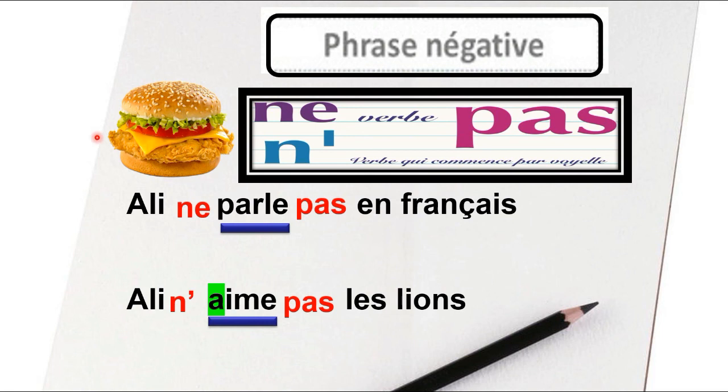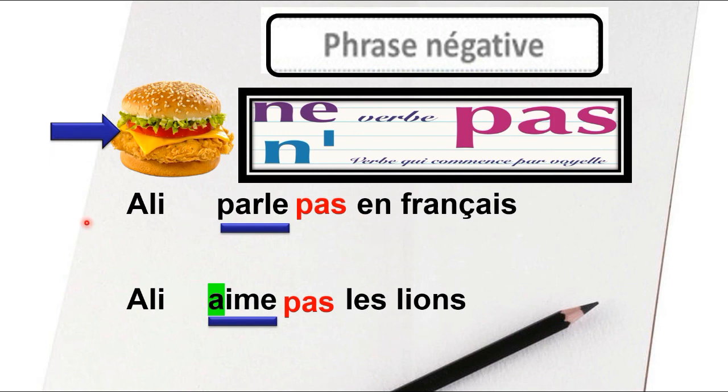Ali ne parle pas. Imagine ne here and pas here, and between them the verb. So I use the verb between the two slices. So Ali ne parle pas en français. Ali n'aime pas les lions. So we are hungry now.